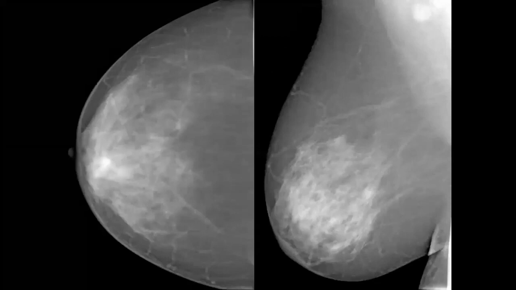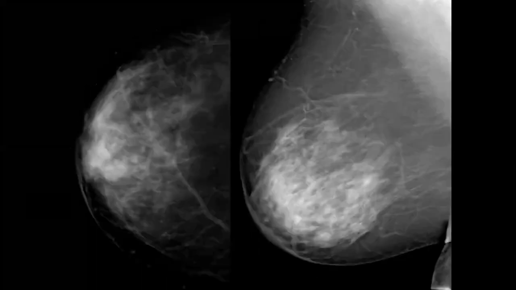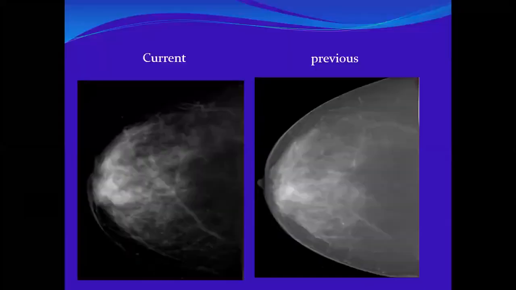Look, this is the earlier, and this is the 1 year. So this focal asymmetry persists and increased in size. So this is a developing asymmetry. This is the CC view, this is the previous, and that is the current.